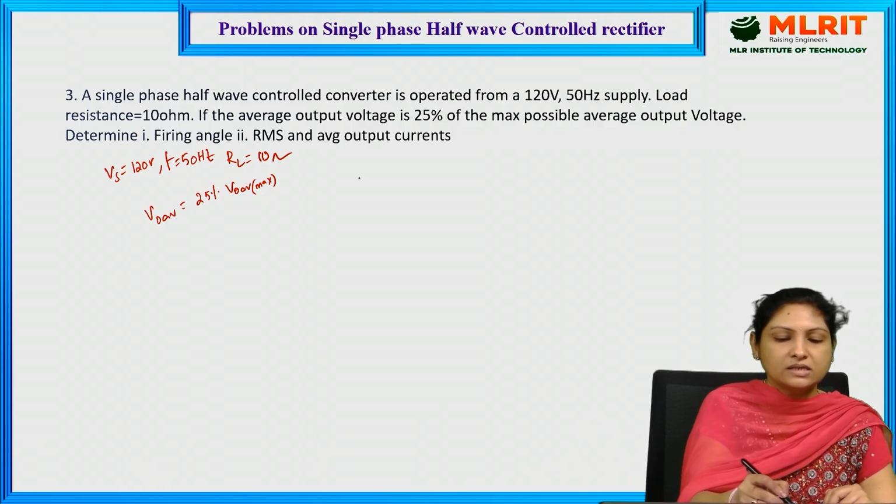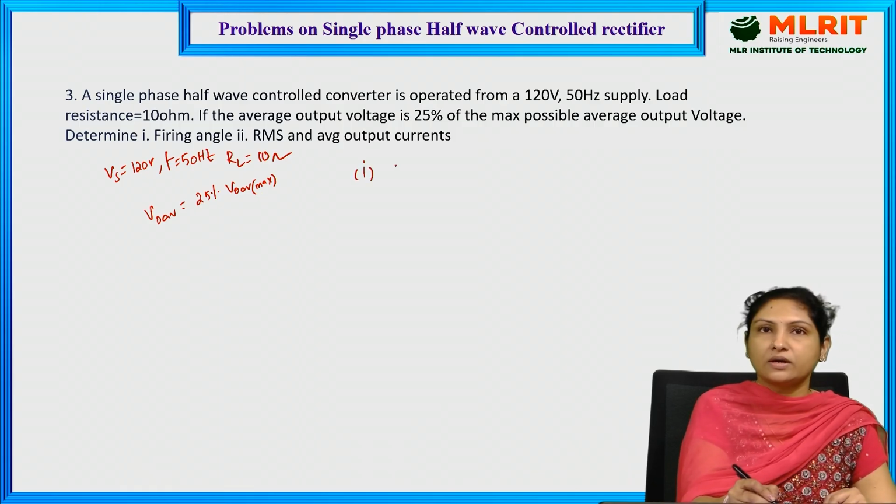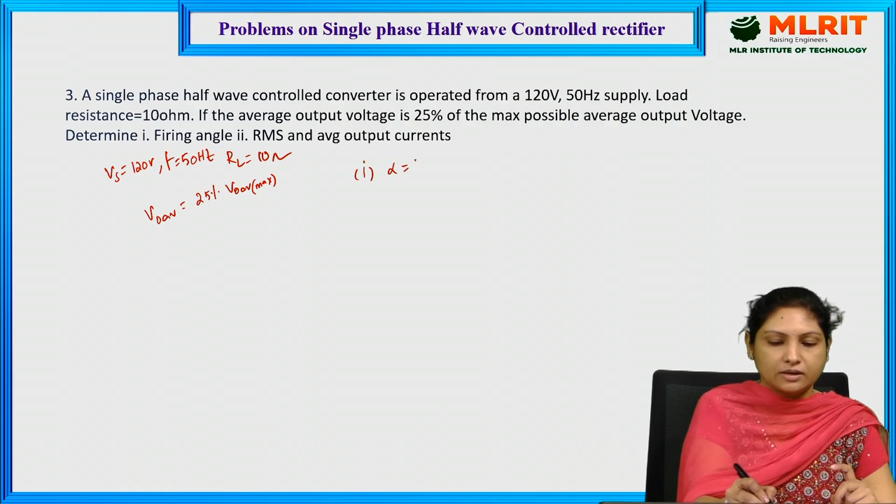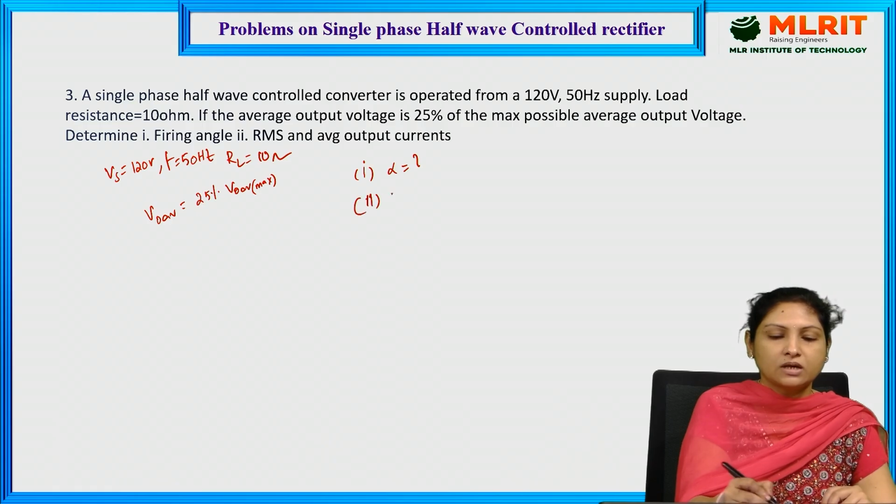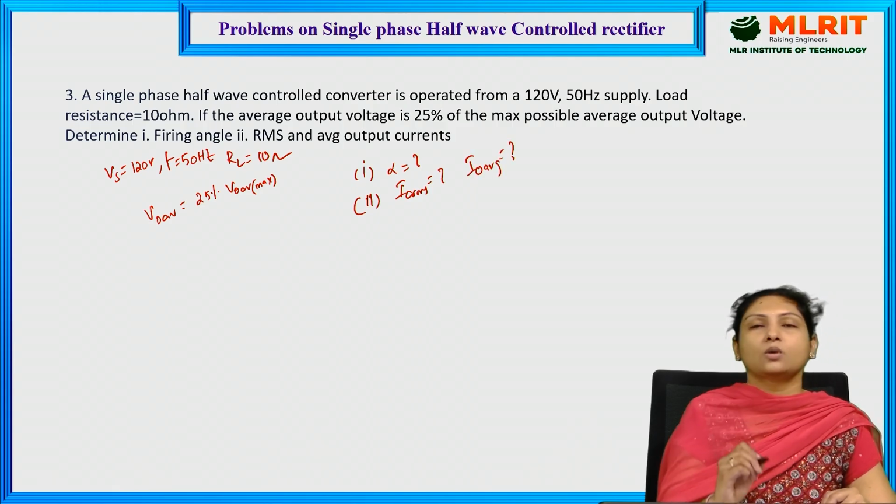First, we need to find the firing angle. Second, we need to find I0 RMS as well as I0 average.